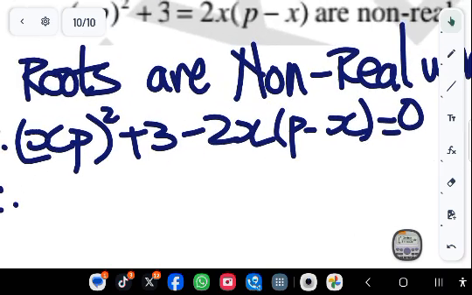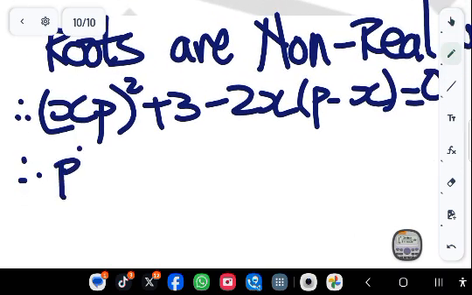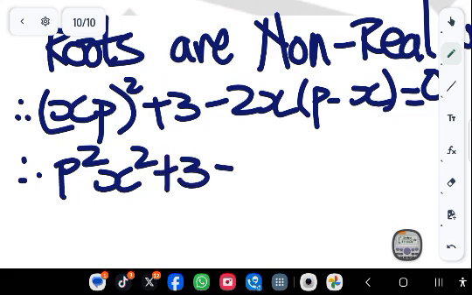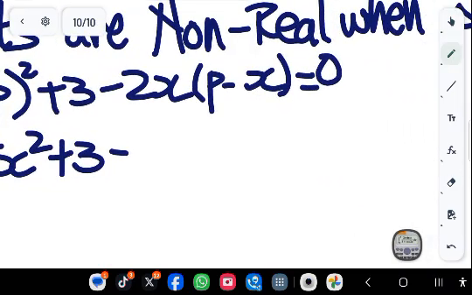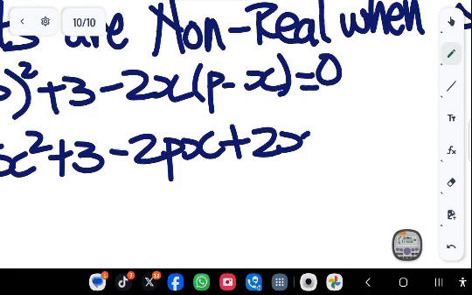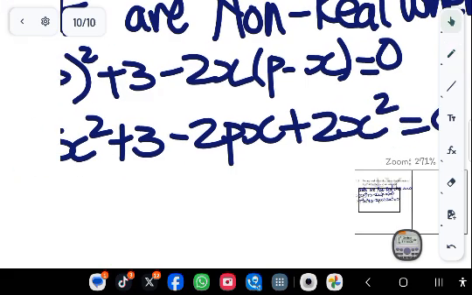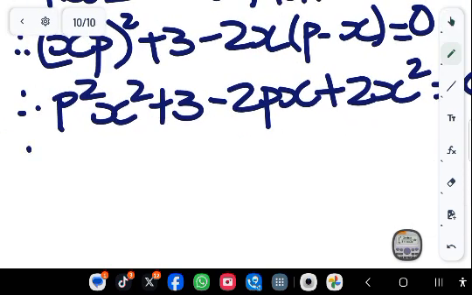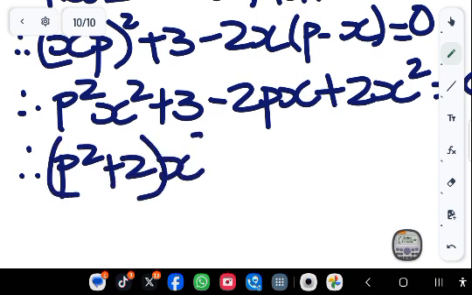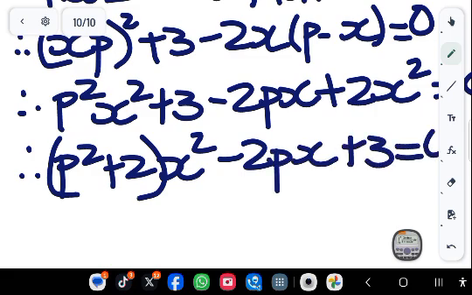That gives us p squared x squared minus 2px plus 2x squared plus 3 equals 0. Now we get all the x squared together, so that will be p squared plus 2, x squared minus 2px plus 3 equals 0.